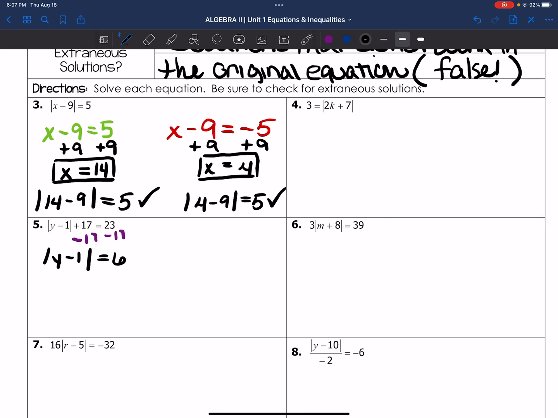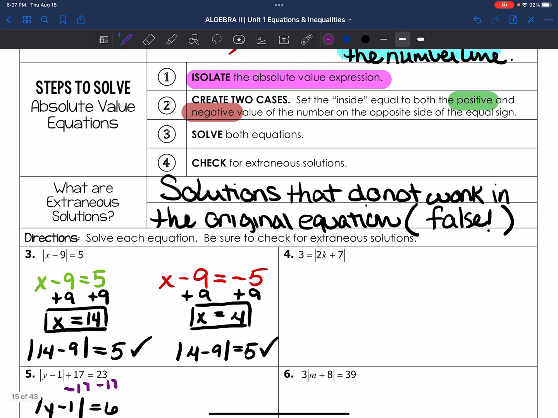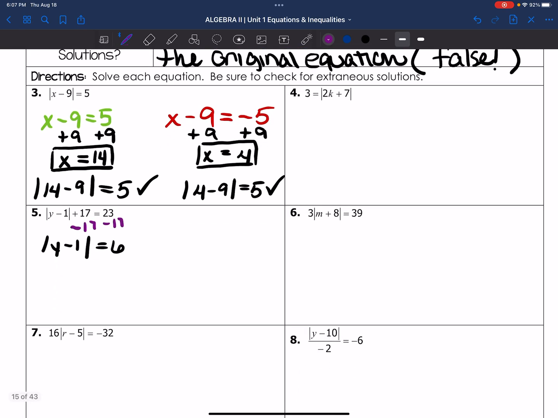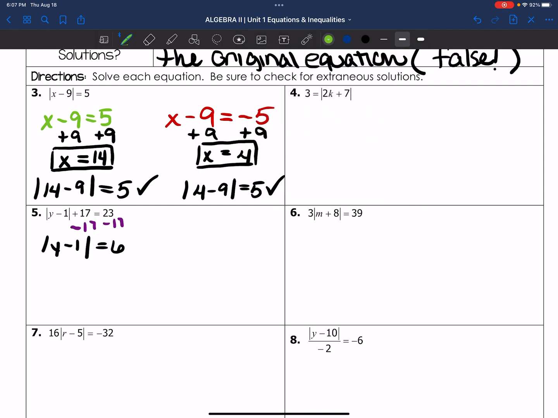All right, now we set up our two cases, set the inside equal to both the positive and the negative values of the number on the opposite side of our equation. So what does that look like? Well, I would have my one case, which is that y minus 1 equals 6, and also that y minus 1 equals a negative 6.